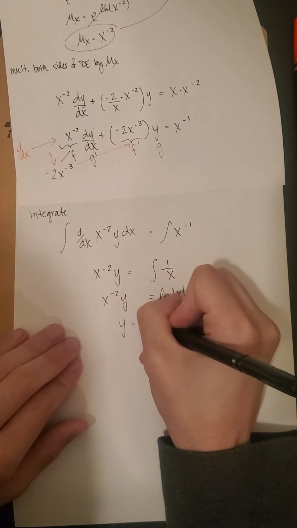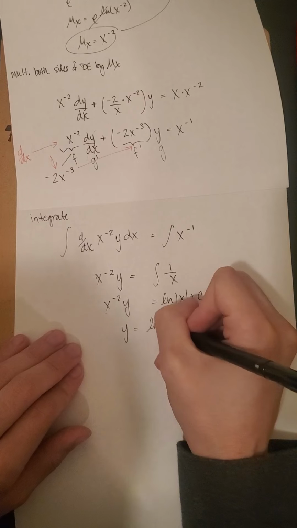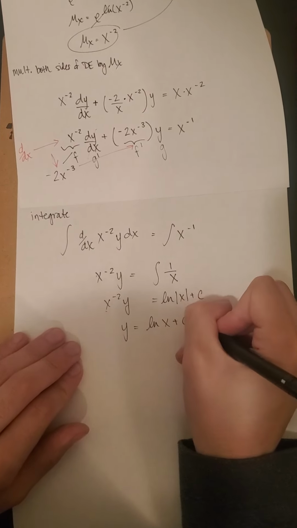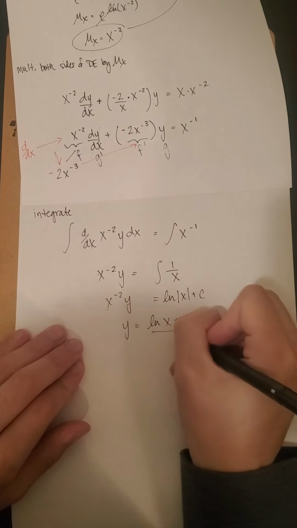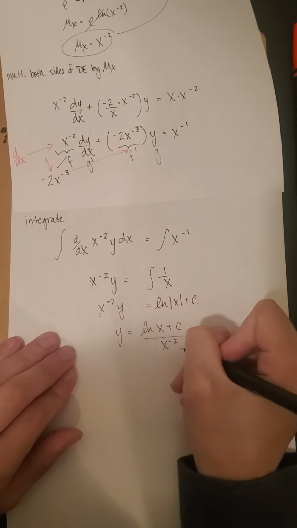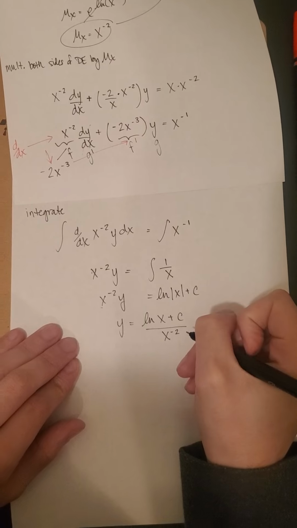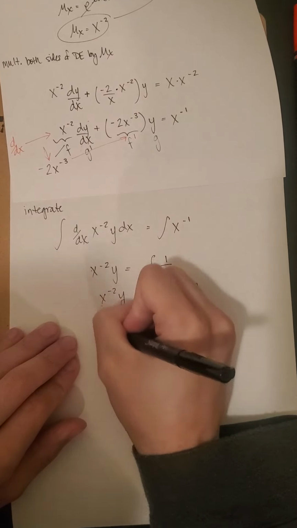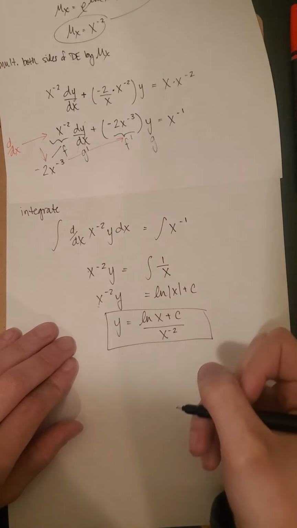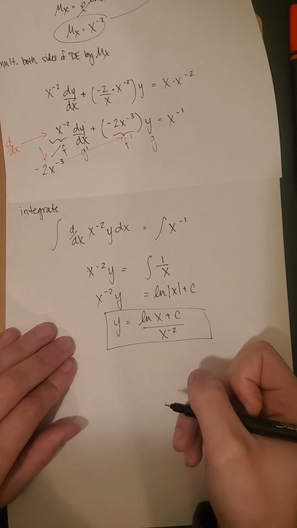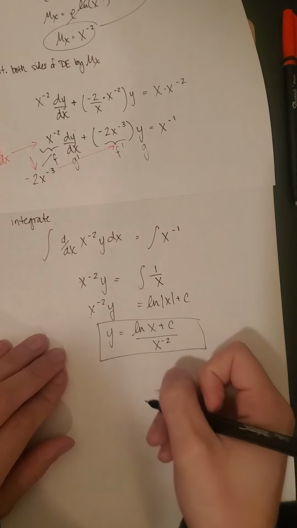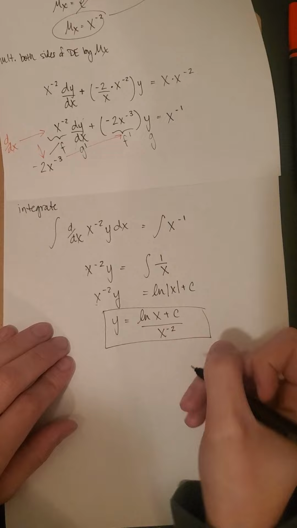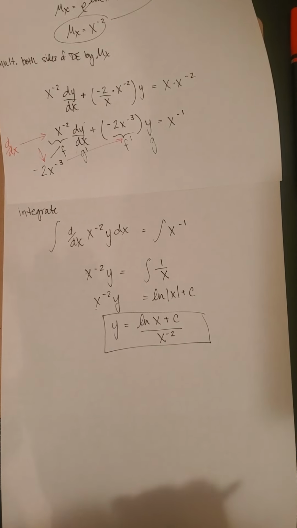You get y equals ln of x plus c over x to the negative 2. And yeah, this is the final answer. If it was an IVP, we could just plug in the x and y and solve for c and then continue on. But for now, this is it.